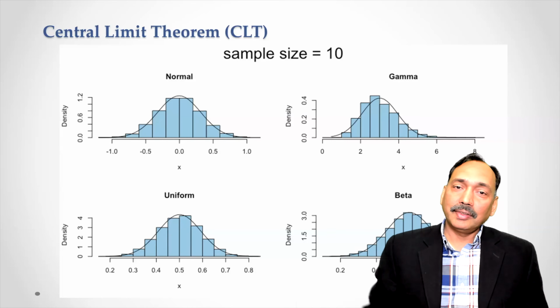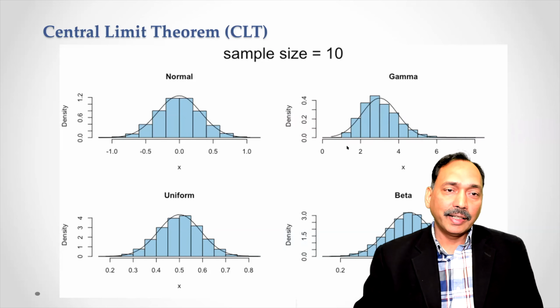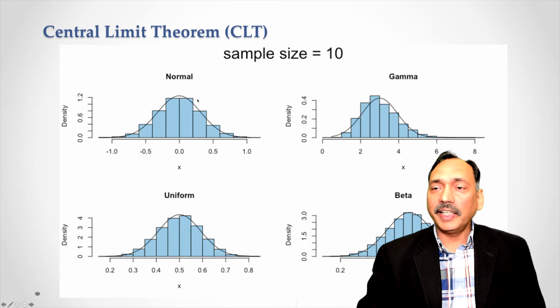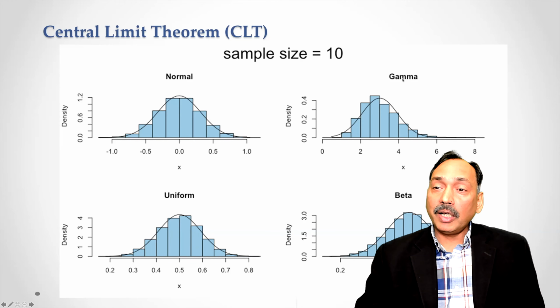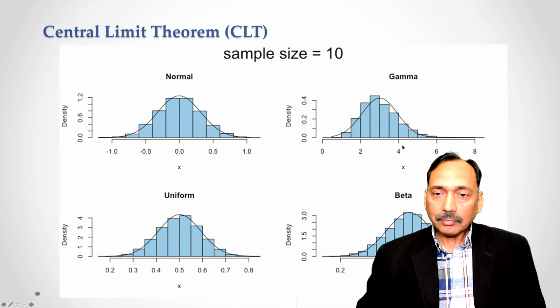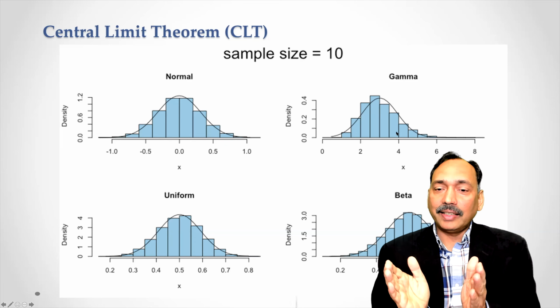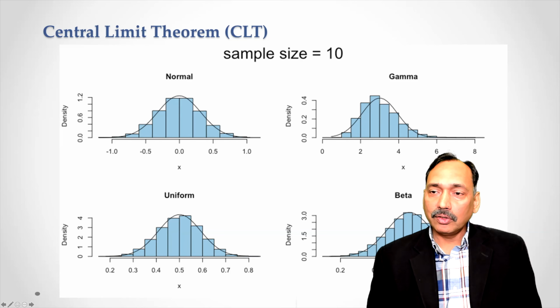So now I have another 1,000 data points. If I'm doing that with normal distribution, no change. Normal will remain normal. But even gamma, that used to be a very highly right skewed distribution, is beginning to move, you can see the picture moving towards normal distribution.